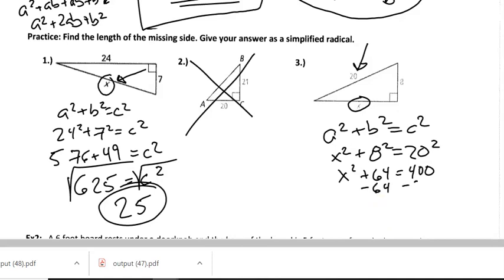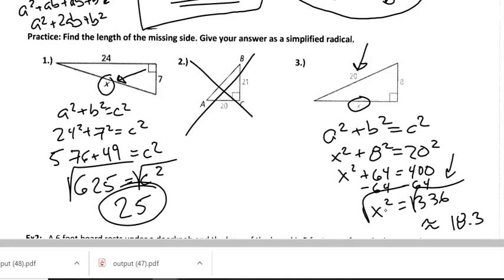Minus 64, minus 64, and that gives you x squared equals 400 minus 64. 400 minus 64 gives me 336. And when you square root 336, that gives me approximately 18.3.